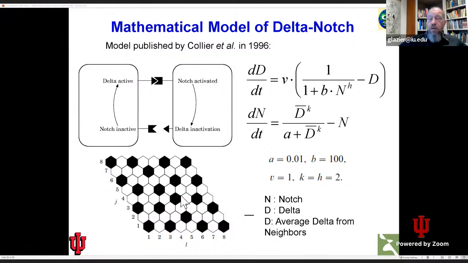What I'm going to have to do is my usual iteration over cell neighbors. Then I have to read the amount of delta on each neighbor, add it up and average it. That's going to be the trick in this simulation.